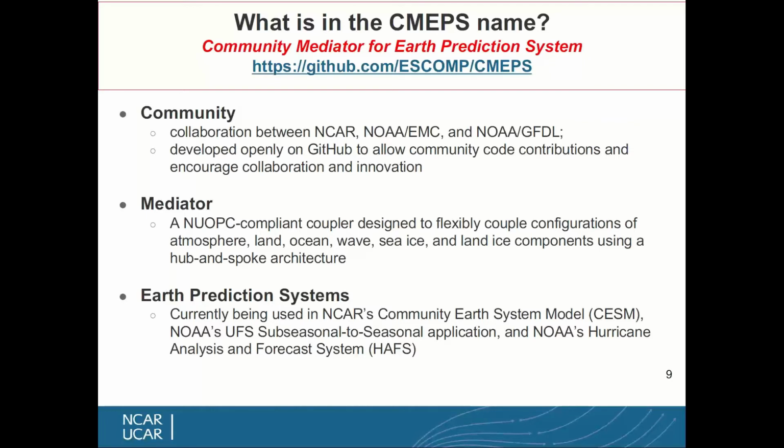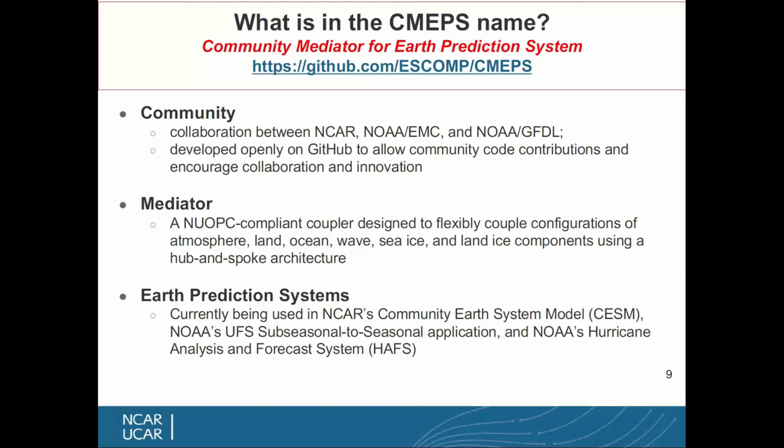That's the community part. The mediator, as I've mentioned before, is that it is a NUOPC-compliant component coupler, and it's designed to flexibly couple component configurations for atmosphere, land, ocean, wave, sea ice, and land ice components using the hub and spoke architecture.